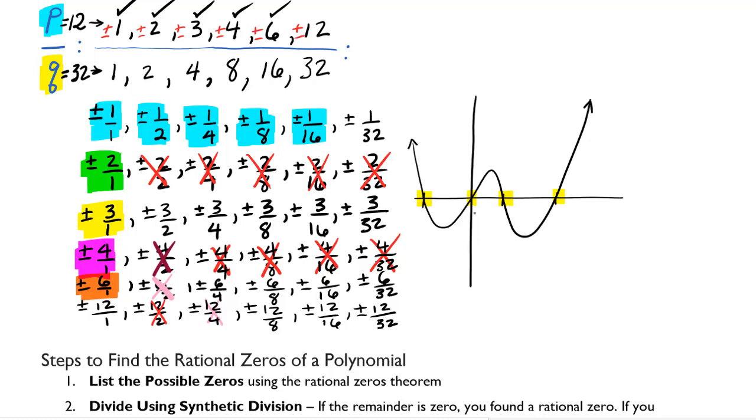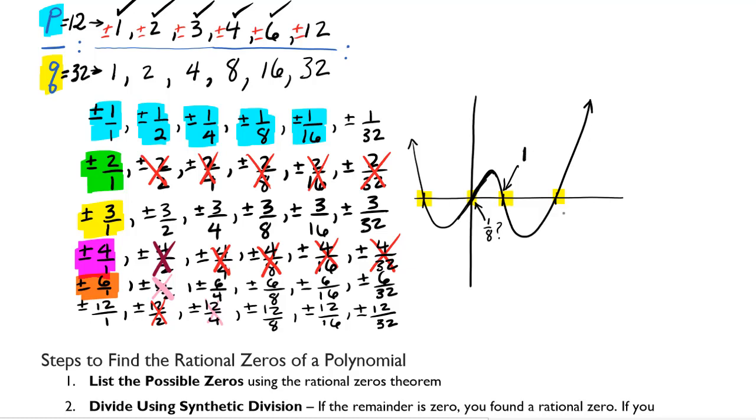Let's say this just barely crosses in the positive region. So you can maybe think, okay, maybe that is a positive 1/8, and you can put a little question mark there. If that's a 1/8, maybe this is 1.